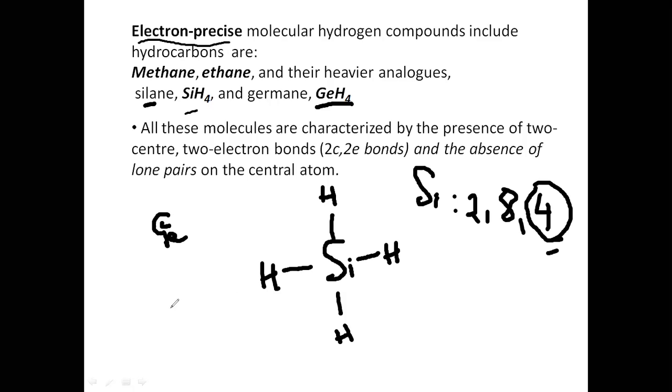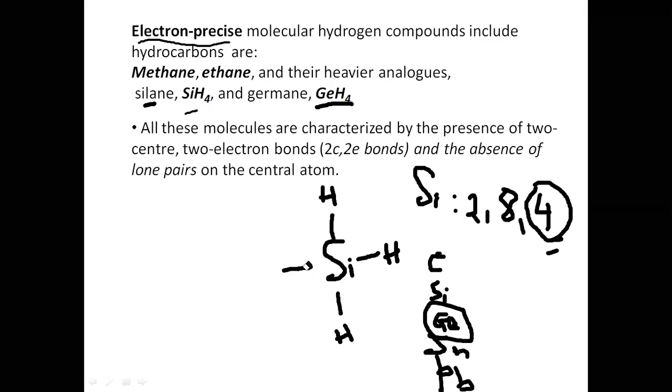So the carbon family is carbon, silicon, germanium, tin, lead. Germanium is also a member of this, so definitely it will have 4 electrons in the last shell. If you draw the structure of germanium, you can see here.